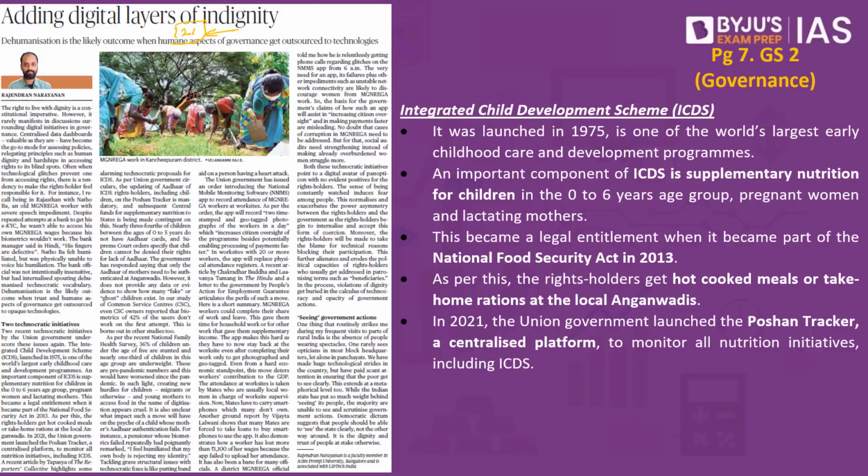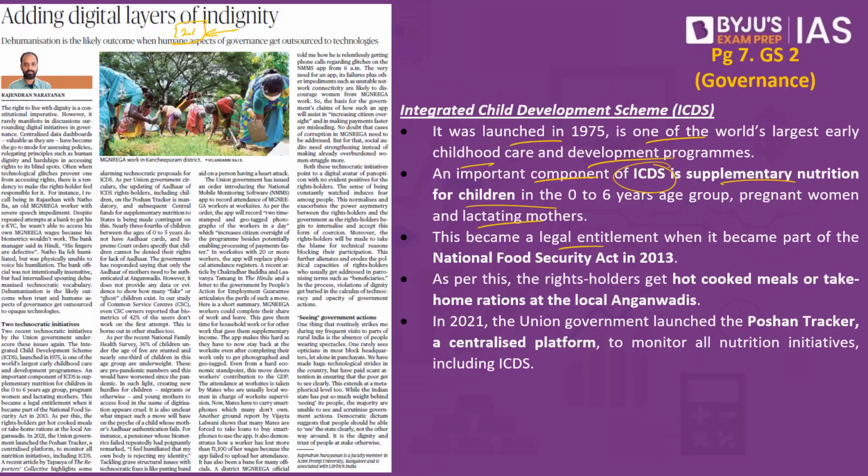The author takes into picture the Integrated Child Development Scheme. This was launched in the year 1975 and happens to be one of the world's largest early childhood care and development programs. An important component of this program is supplementary nutrition for children in the 0 to 6 years age group, pregnant women and lactating mothers.